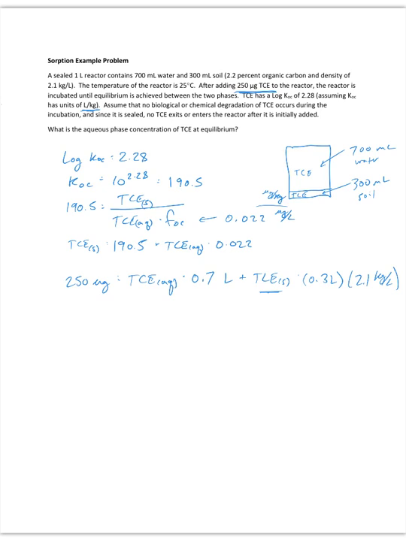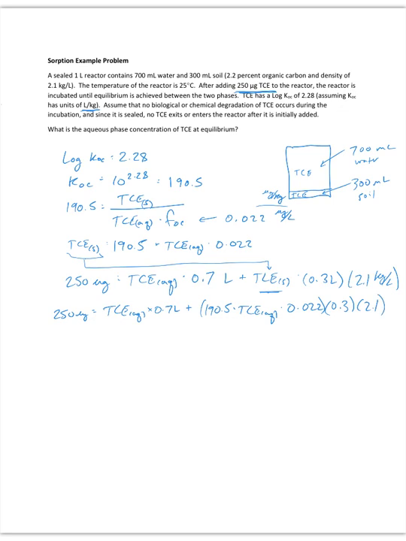Now I'm going to plug in what I defined into there, and I will get 250 micrograms equals TCE aqueous times 0.7 liters plus 190.5 times TCE aqueous times 0.022 times 0.3 times 2.1.